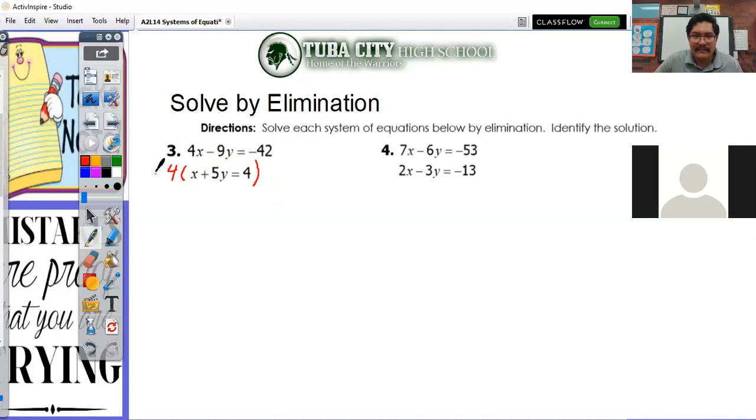I need negative 4x, right? If it's negative 4x and positive 4x, then it will eliminate. That's what I'm trying to do. So I'm going to have to change this bottom one all the way. So I'm going to write it here. So negative 4x. And multiply here, so negative 20y.